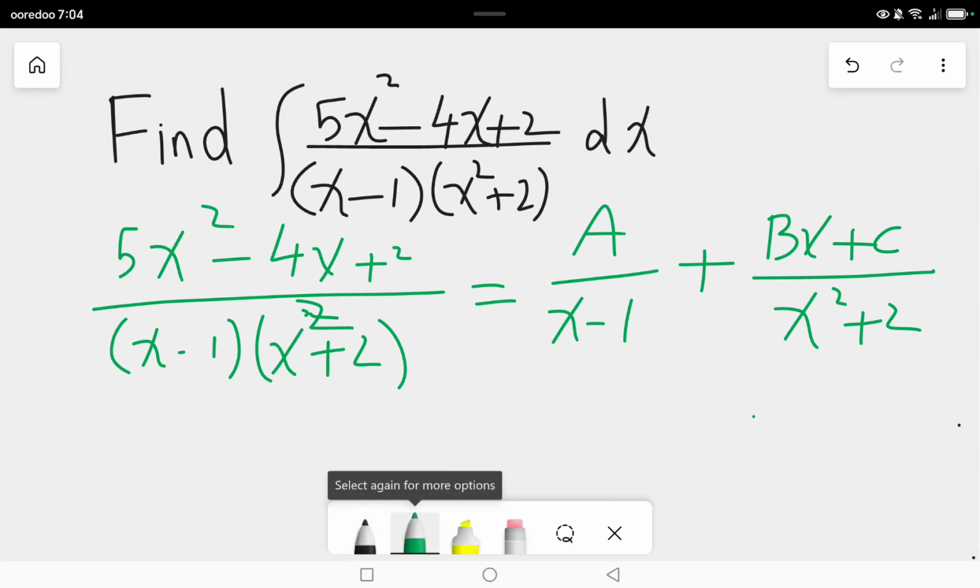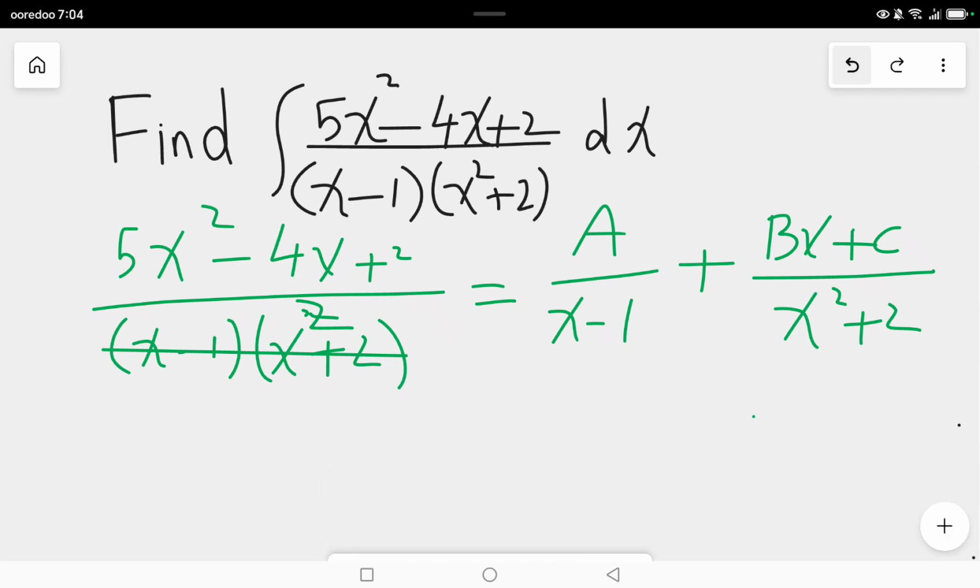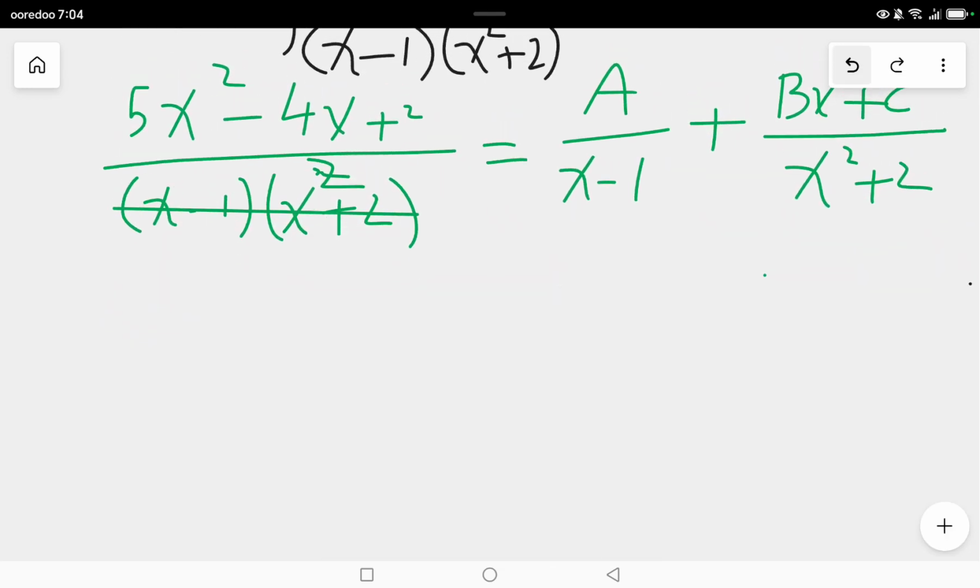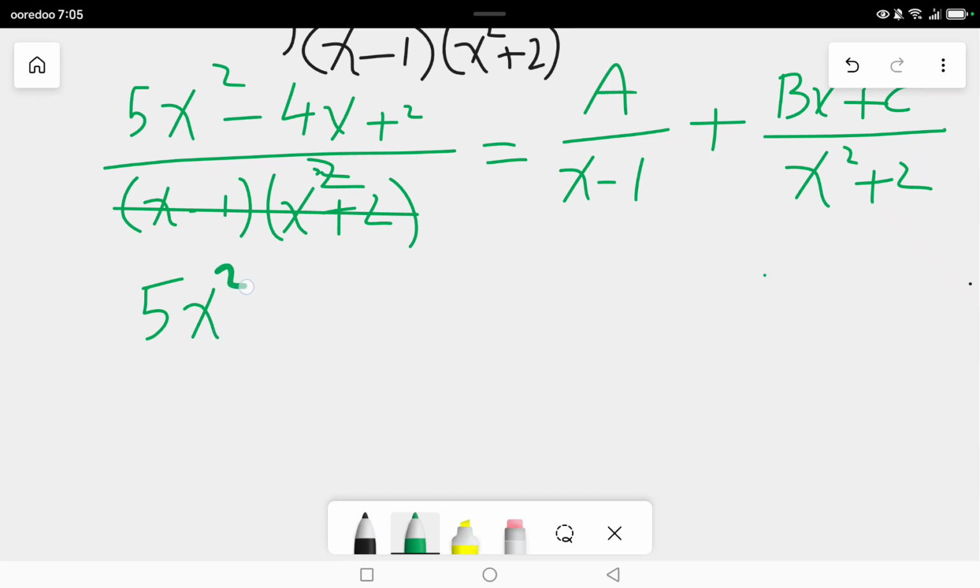Just cancel it. So you will write 5x square minus 4x plus 2.